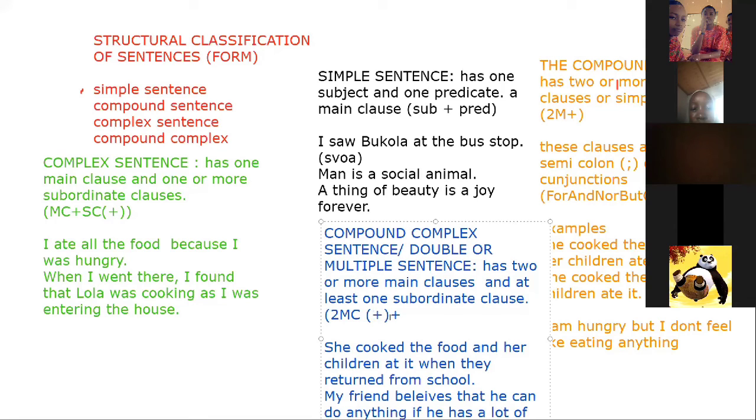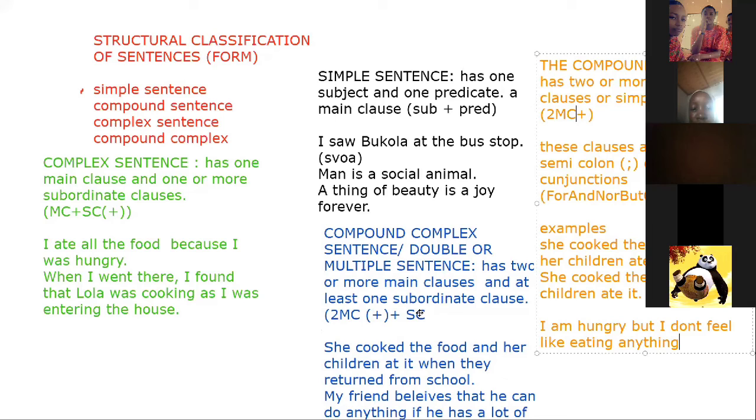Plus at least subordinate what? SC, subordinate clause. 2MC plus. I hope you get my formula.